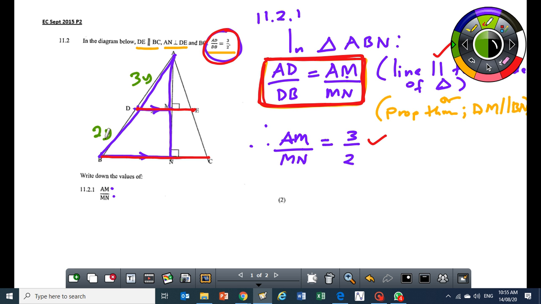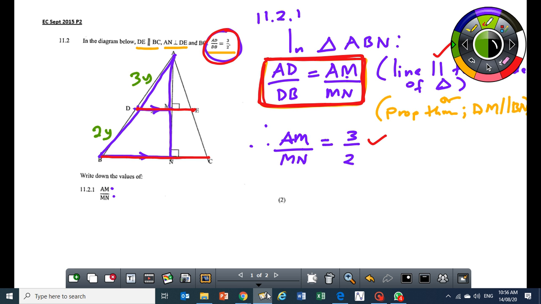Those two I'm going to prove first that they are similar triangles. Then after that, I can carry on to determine the ratio of DE over BC. I'm not worried about AM over MN. I'm now concerned with AE over CE.